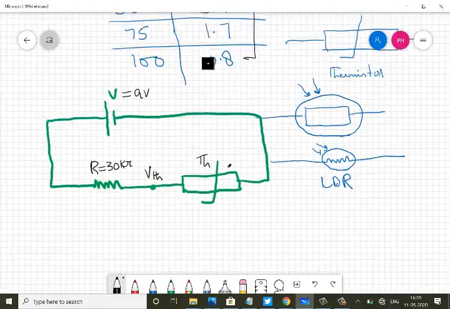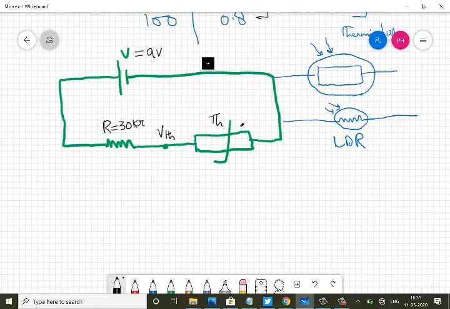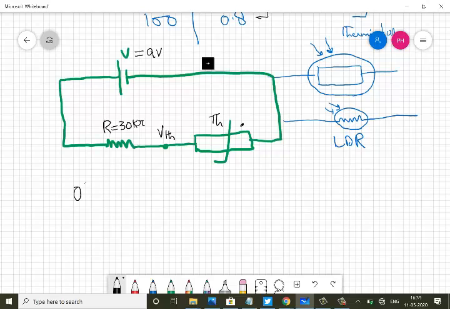When the temperature is 0 degrees Celsius, what will be the general formula of the voltage across the thermistor? It will be something like this: VTH equal to total voltage V, that's 9, multiplied by RTH, the resistance of the thermistor, divided by the total resistance, that means 30 plus RTH.